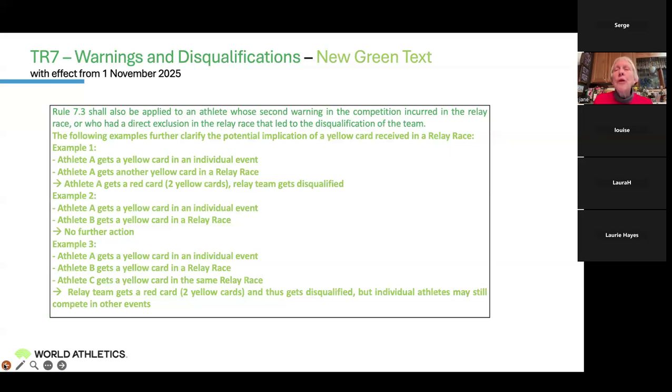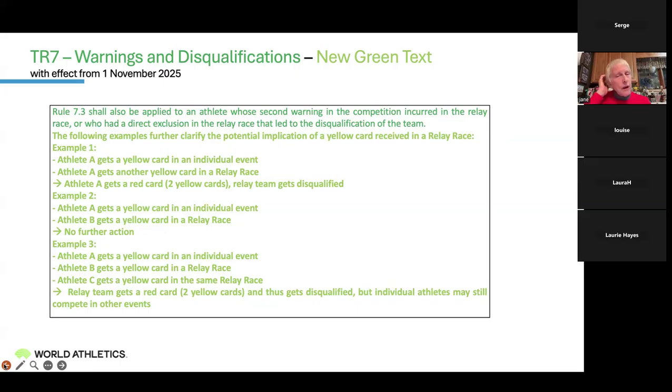No problem, Laurel, good question. Think of that initial relay race as like the individual event. We were just trying to illustrate whether the athlete can continue competing or if the relay team gets disqualified. But good question, because all we've talked about is individual events.